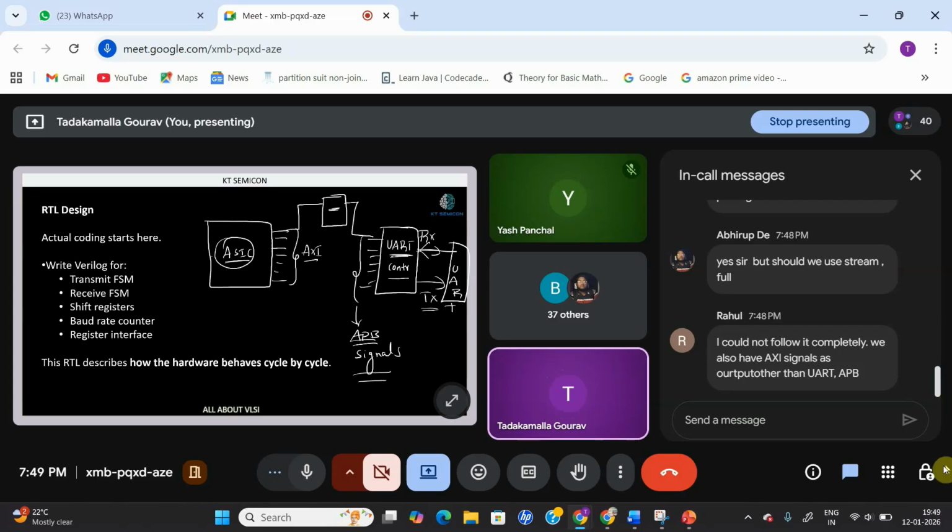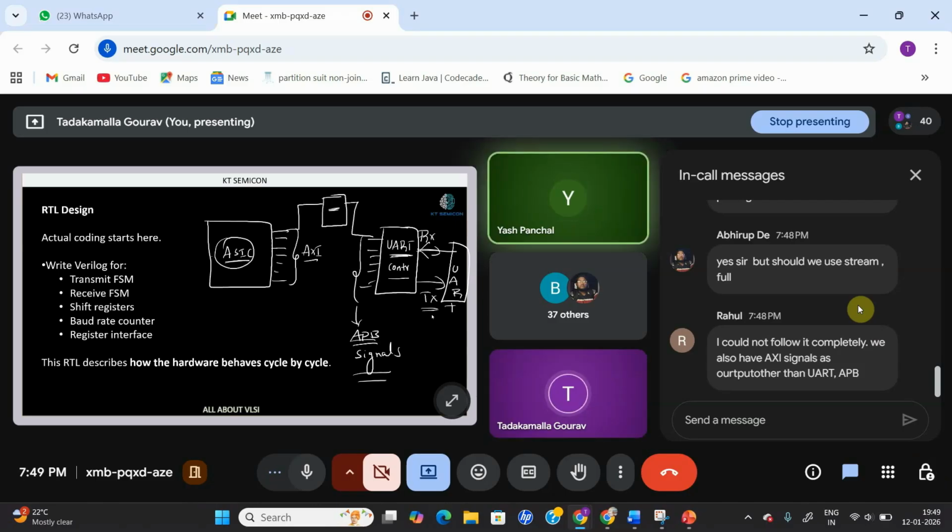Now is it clear? I could not follow it completely. We also have AXI out, then UART. I think now with this example, with this diagram, it is clear, right? Yes.